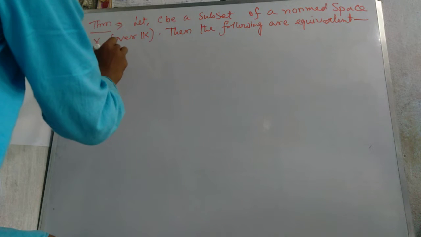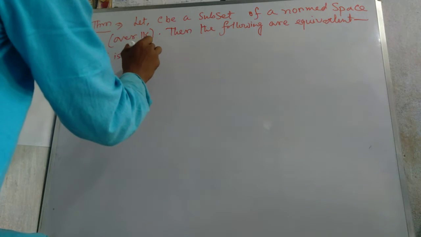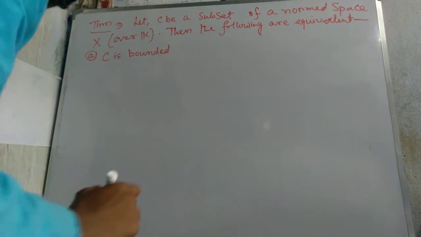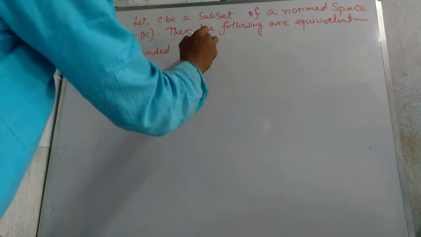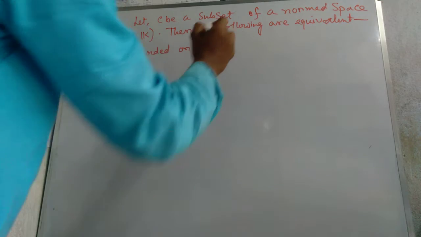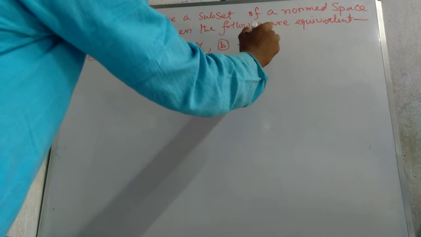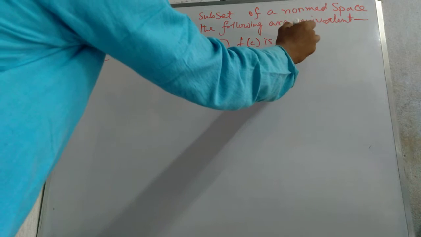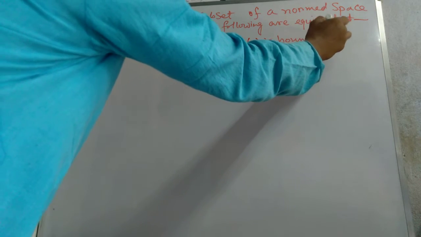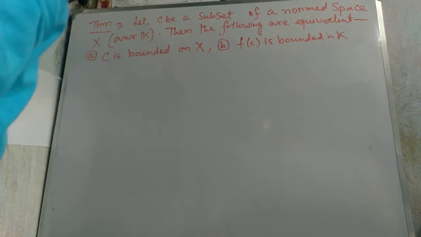First, C is bounded on X. Second, f(C) is bounded in K for each f belonging to X star.